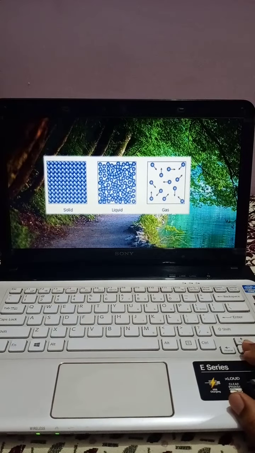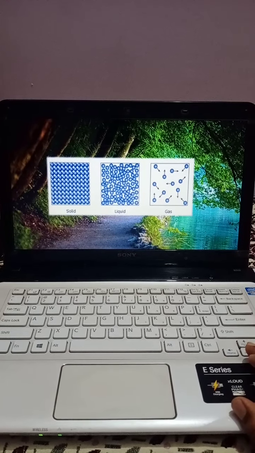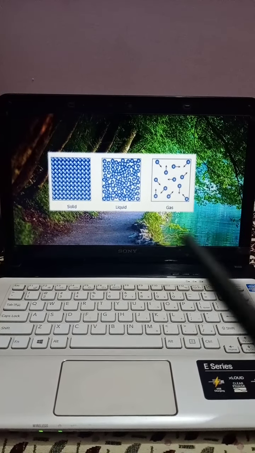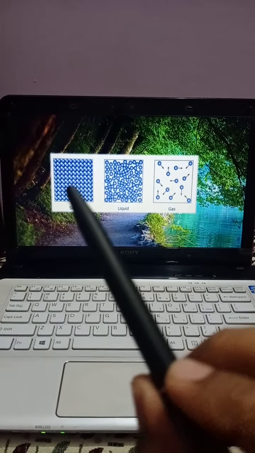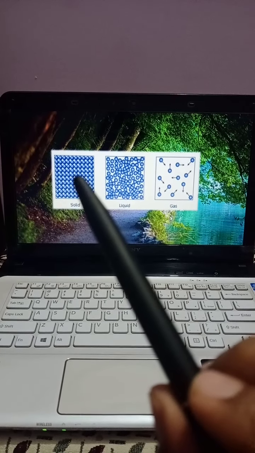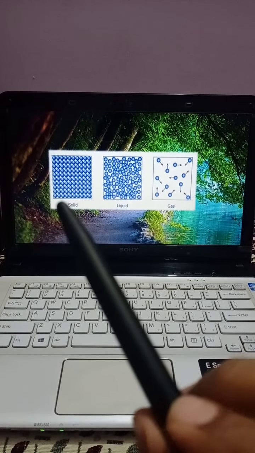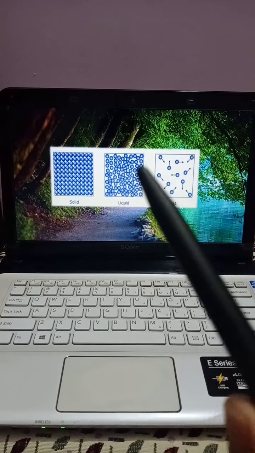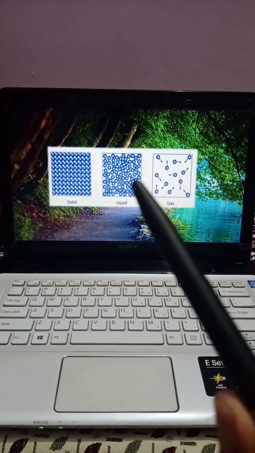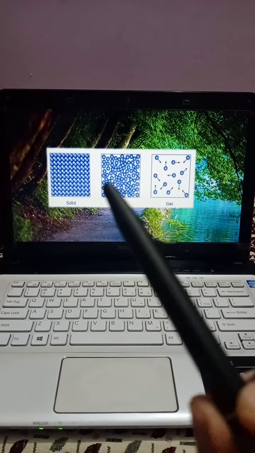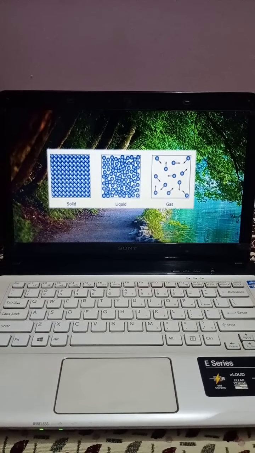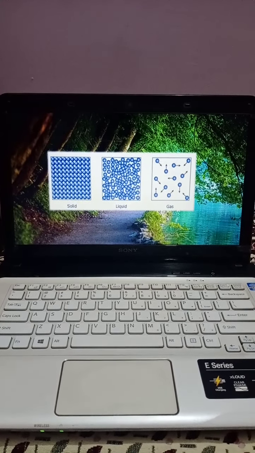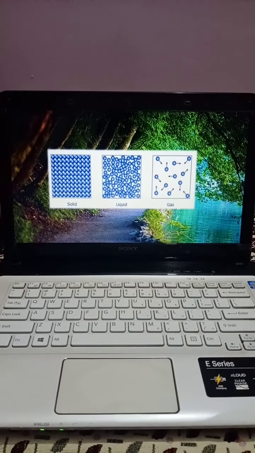And this is about the molecular arrangement of solid, liquid and gas. So in a case of solid, you can see that the molecules are very densely packed, therefore density is much more. Then in a case of liquid, molecules are less densely packed, so its density is a little less than the solid.